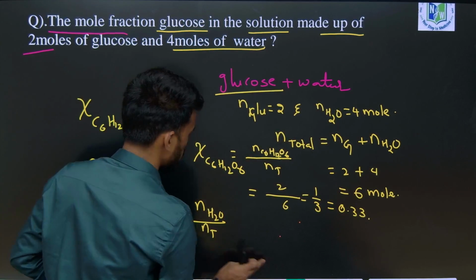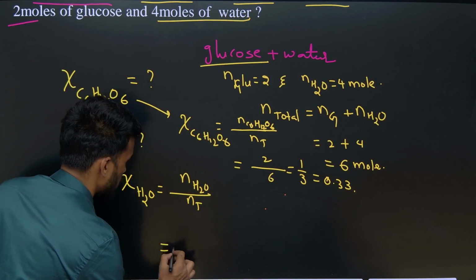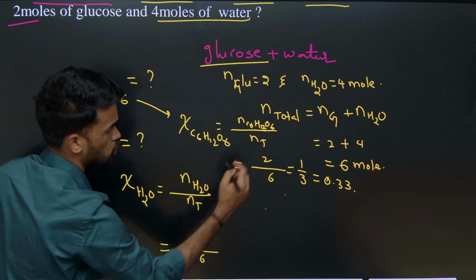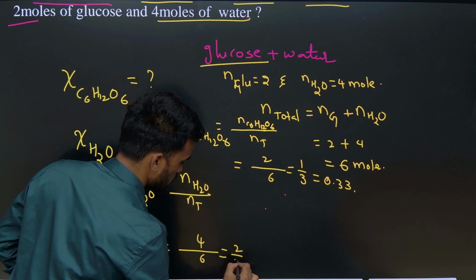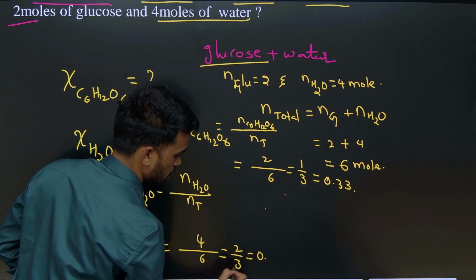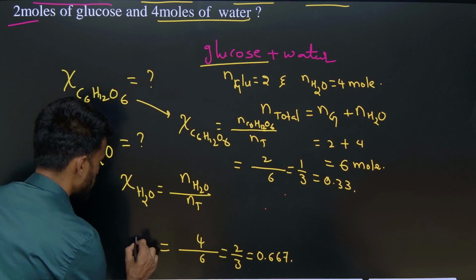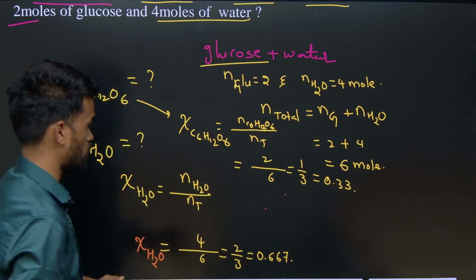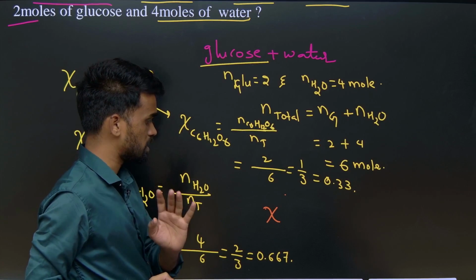Okay, so if I ask for water, how can we solve this question? You can directly solve here. n total is 6, and n water is how much? 4. So you can write it as 2/3, and you can also solve this as 0.667, something like this. We have one more method also. I just told you that if the solution is made up of 2 components, we can say binary solution.